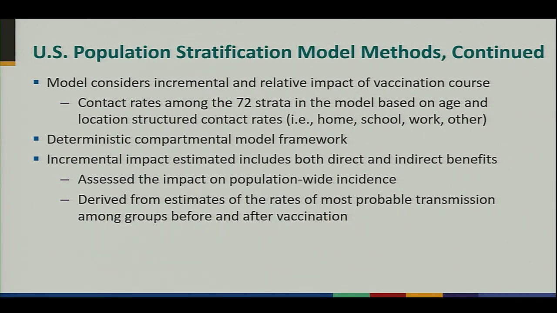We employed a deterministic compartmental modeling framework and assessed the estimated incremental impact, which included both direct and indirect benefits. We assessed the impact on population-wide incidence and derived our estimates from the rates of most probable transmission among groups before and after vaccination, or the dominant eigenvectors of these matrices. Next slide, please.